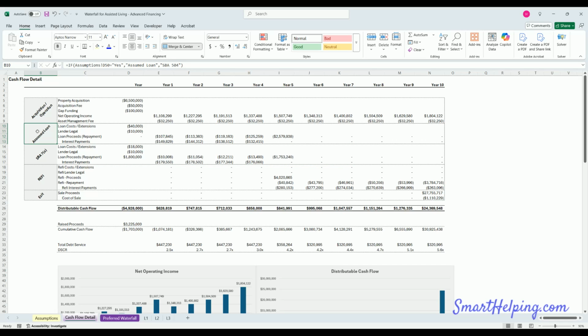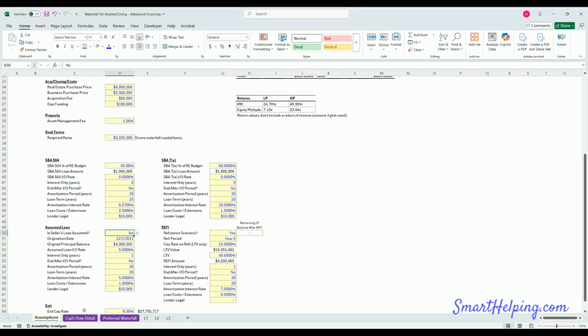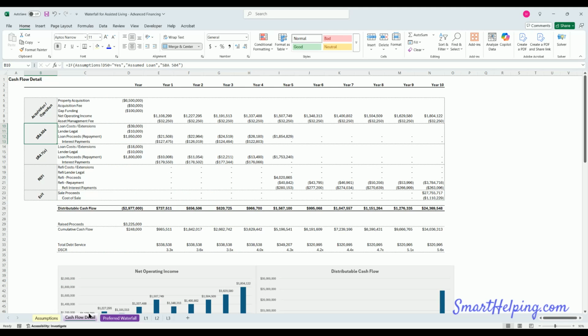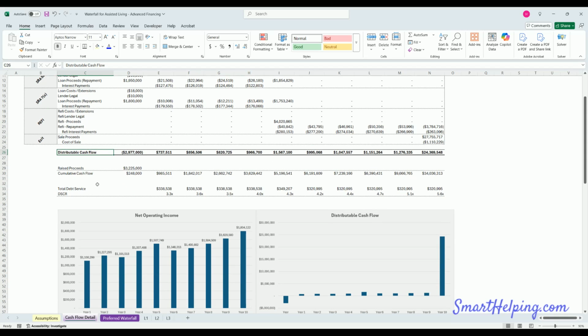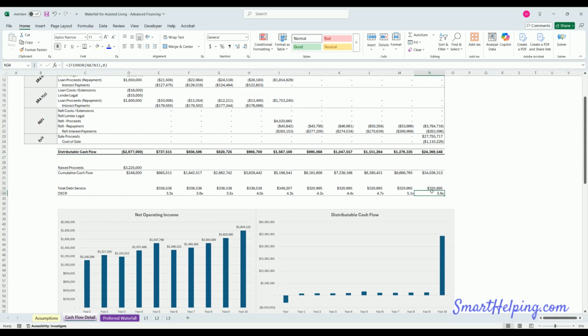The verbiage changes correctly, automatically. Then you've got your refi and then exit. So pretty straightforward distributable cash flow. We've got debt service and debt service coverage here for a reference calculation, and your cumulative cash flow after raising funds.